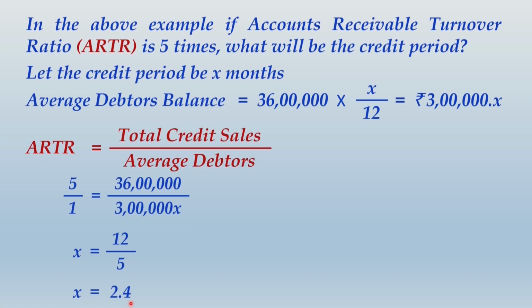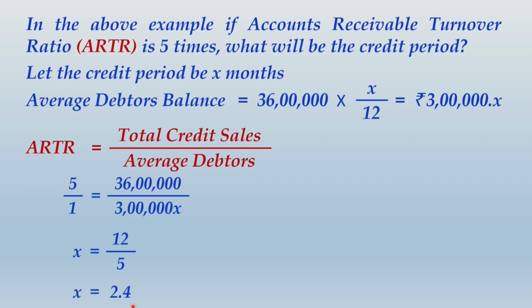If you want credit period in number of days, in the numerator instead of taking 12 months, you would take 365 days or 360 days depending upon the question's information. So in the numerator you will be taking total number of days in the year divided by the accounts receivable turnover ratio, and it will give you credit period in number of days.